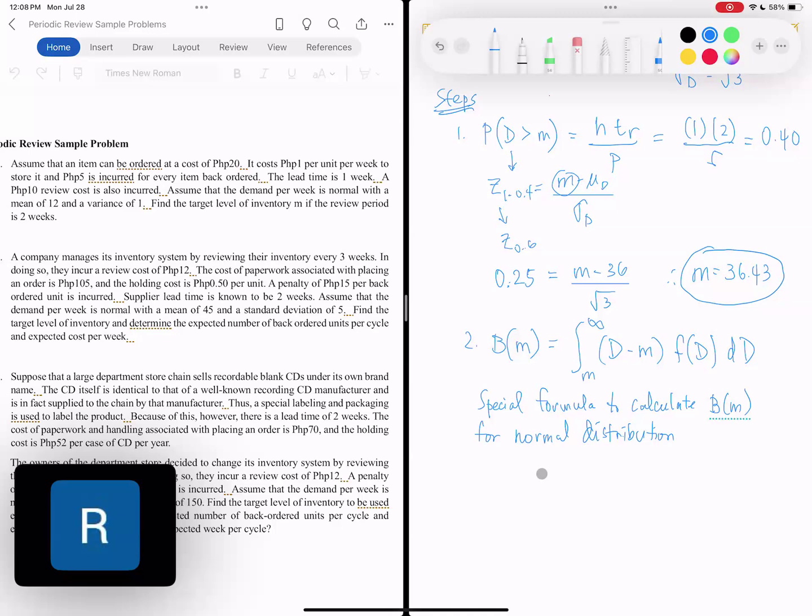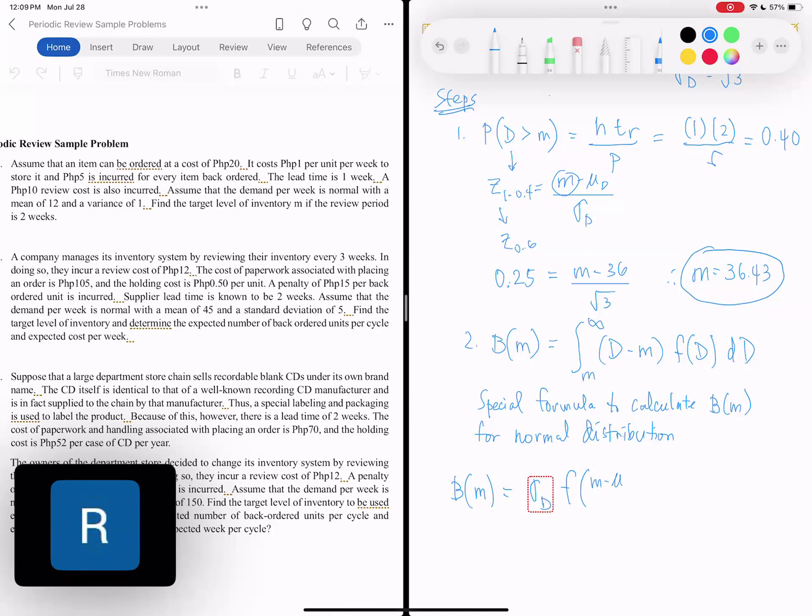In the back order and stock out case, we calculated B of R, the reorder point level, using this formula as well. So this time, you will have sigma of D times F of, that time it was R minus mu over sigma.